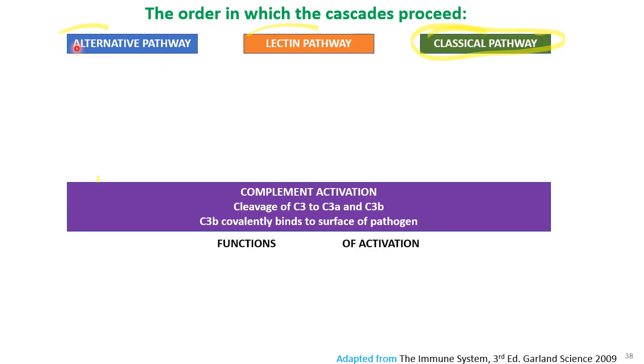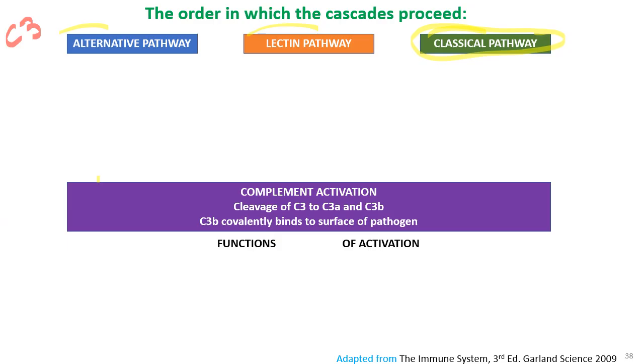Okay? So the alternative pathway: you have your C3, your complement 3, floating around, and it doesn't even need anything to do the cleaving of the A and B parts. It can cleave itself just by the presence of some water.